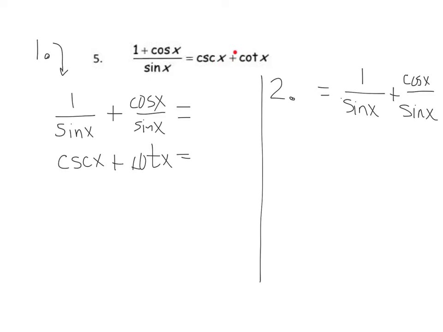Originally, we have 2 terms and we want to combine them into 1, hence why I put them into fraction form here. And I look at these fractions, I go, oh, look, the denominators are the same. So I could just add them, where you keep the denominator the same in the new fraction as it was in both of those, and add the numerators, 1 plus cosine x, and that is exactly what we want.